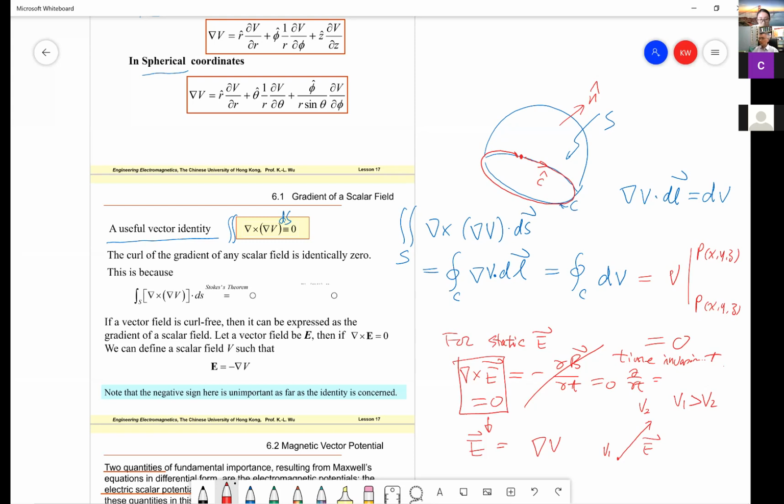So that means the gradient of V, if it is positive, is against the direction of the electrical field. So therefore I put a minus sign. Putting the minus sign doesn't contradict this law, right? So I put a minus sign in to make the definition of potential consistent with the direction of the electrical field. So this is for the static field.